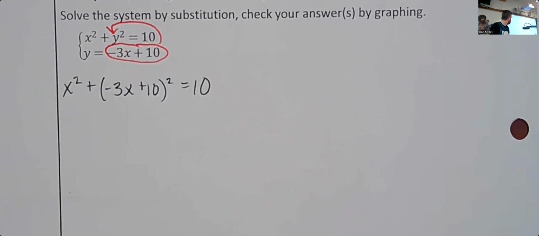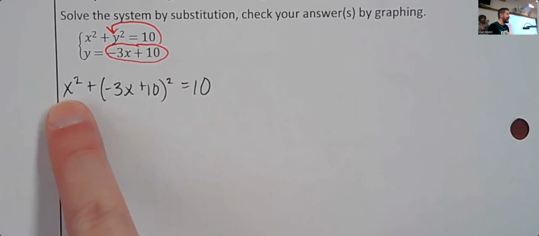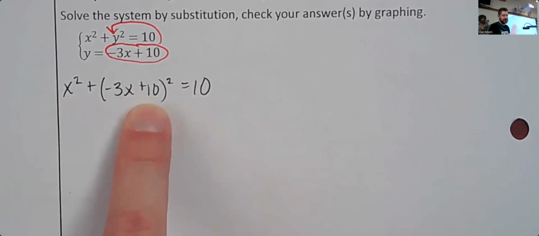All right. Any thoughts on what to do next here? What do you think would be a good idea at this point? Yeah, we should probably multiply this out because we have an x squared outside of the parentheses already. If it was just a regular number, we might be able to get away with vertex form here, but there's already an x squared out here.